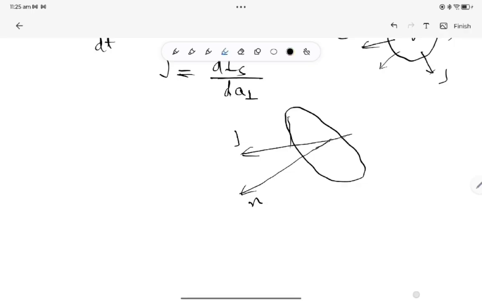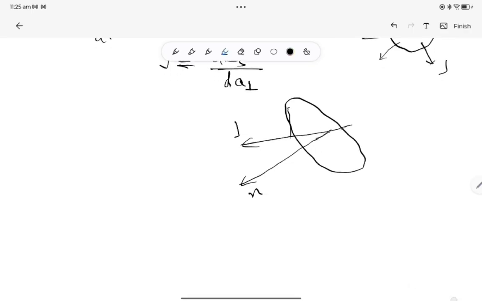Now, not all current density will be counted as flux, because J is not flowing perpendicular to this area, or parallel to the normal. Hence, it won't be counted as current density fully.